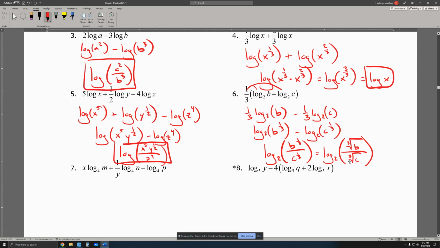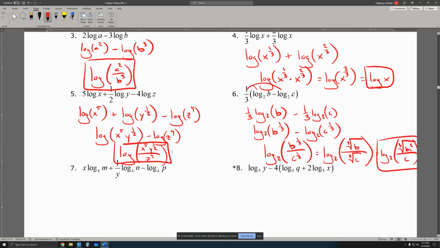So essentially we're looking to cube the cube root of c. So in order to cube the cube root of c, we need to multiply it by 2 more of the cube root of c. So this is equal to log base 2 of the cube root of b c squared over c. And this is our final answer.